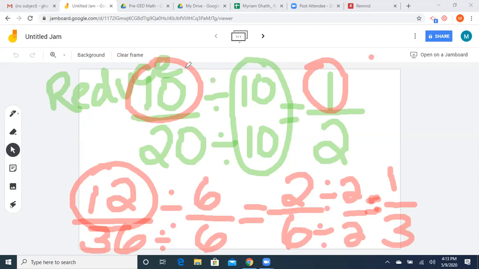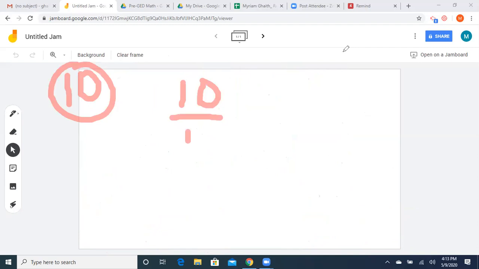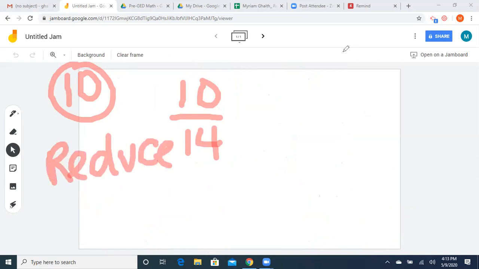For example, I'll give you an example. Ready? Let me clear this. Look at number 10 on page 441. It says 10/14, and it says reduce that or simplify. Another word for reduce is simplify.